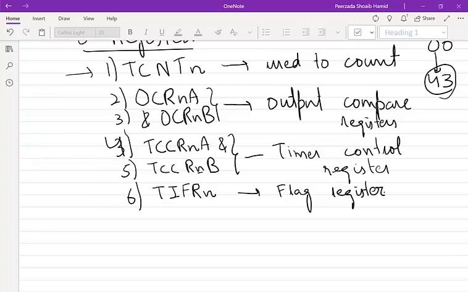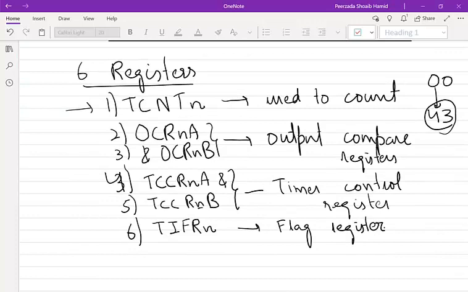I told you that the speed with which the timer increments depends upon the crystal frequency, but sometimes we can alter the speed. We can tell the timer to actually increment at half the rate of the crystal frequency, or 1/4 of the rate of the crystal frequency. That we do by actually loading a particular value in these timer control registers.